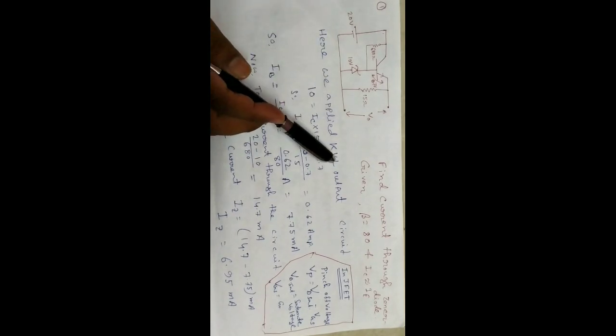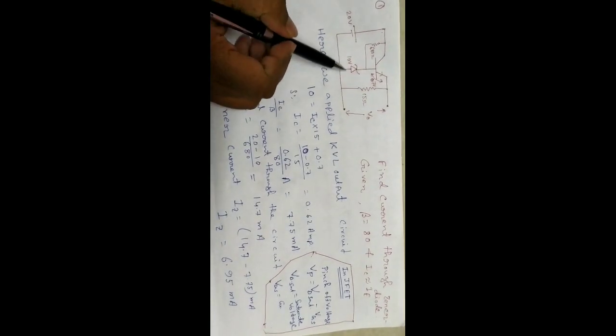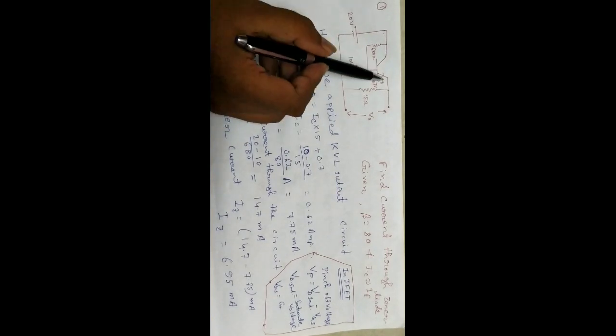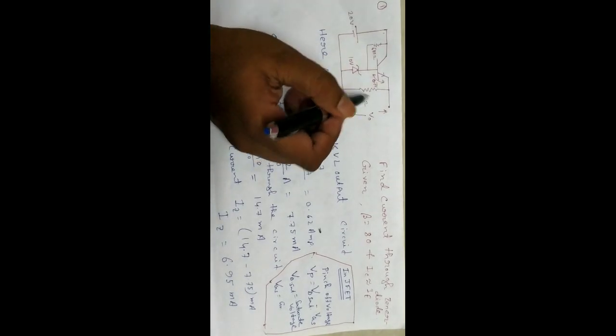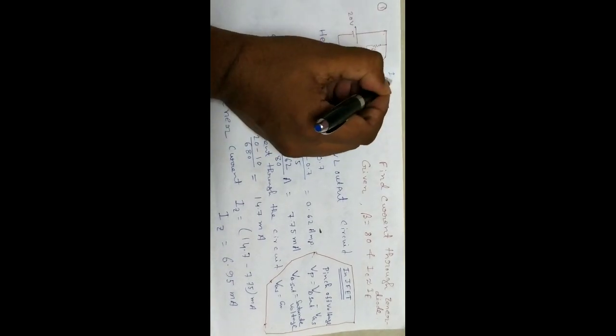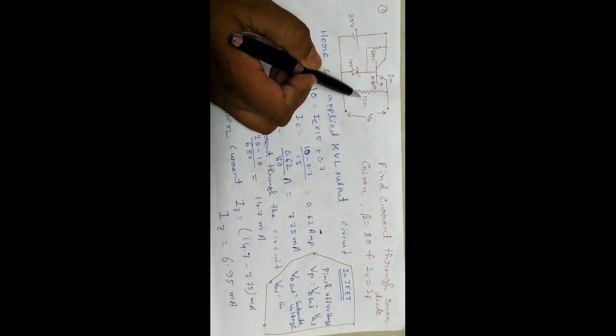How do we calculate? At first we apply KVL at the output circuit. Output 10 volt is equal to the voltage drop 0.7 volt that is given, plus the load current, which is the collector current IC, into the resistance RC, which is 15 ohm.